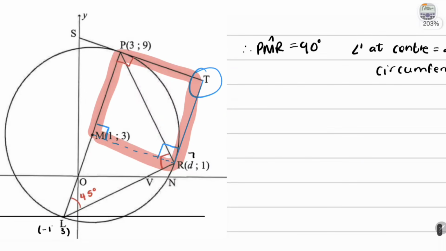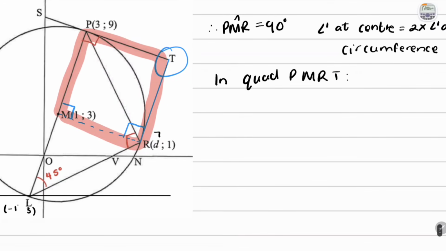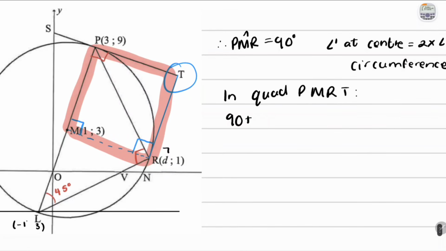So because of that, if you add all of these angles up together in quad PMRT, right, we've got 90 degrees over there, adding with angle T. Okay, we can just call that angle T because there's no confusion there. Plus this angle over here, which is 90 degrees.